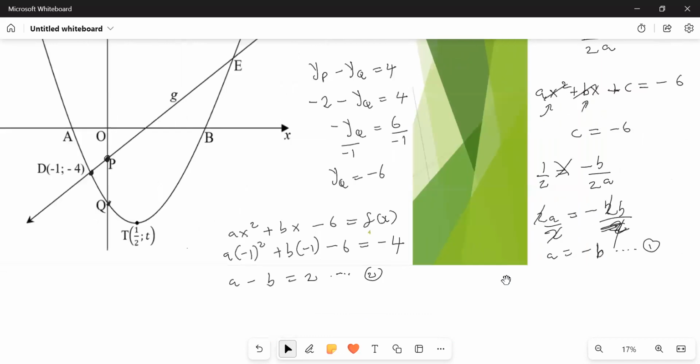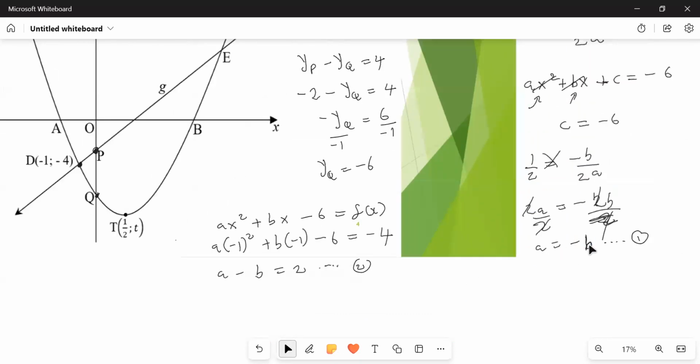Now, we know that a is equal to minus b. So I replace a with minus b, so minus b minus b is equal to 2. Then minus 2b is equal to 2.